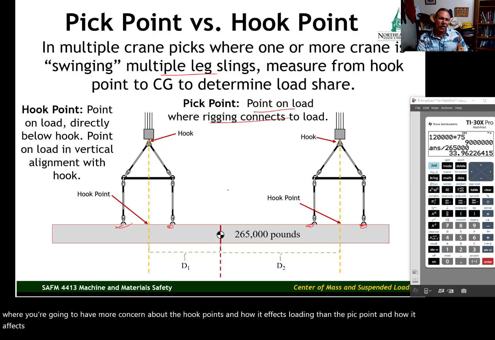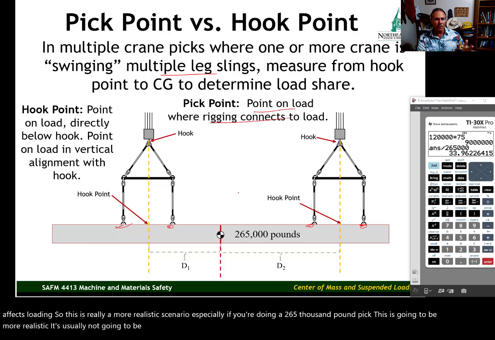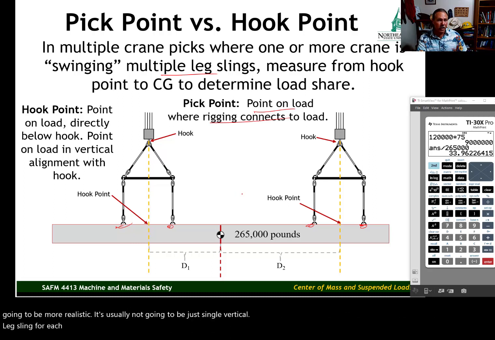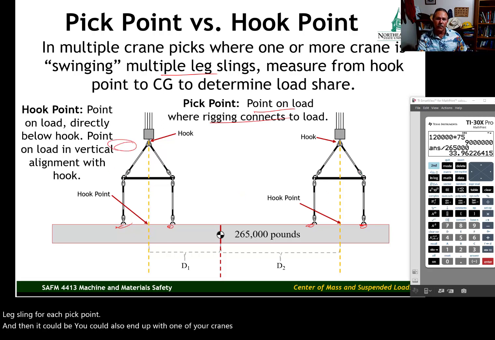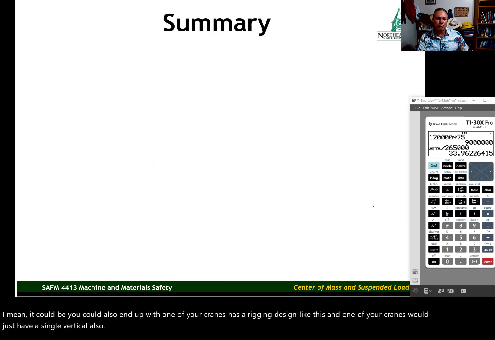So this is really a more realistic scenario, especially if you're doing a 265,000 pound pick. It's usually not going to be just a single vertical leg sling for each pick point. I mean, it could be. You could also end up with one of your cranes having a rigging design like this, and one of your cranes just having a single vertical also. All right, back to my summary.